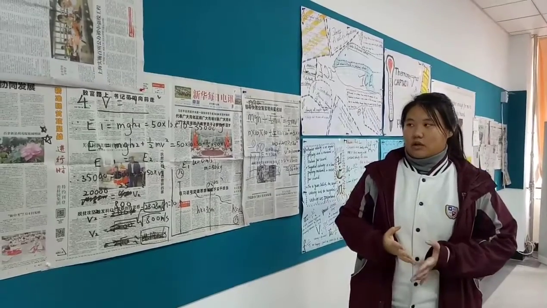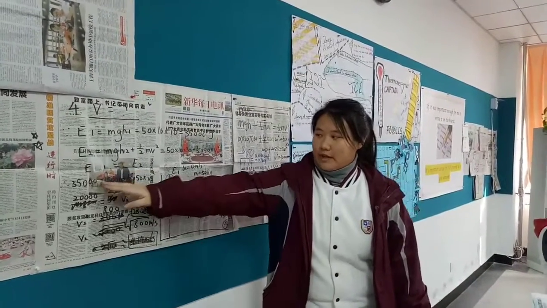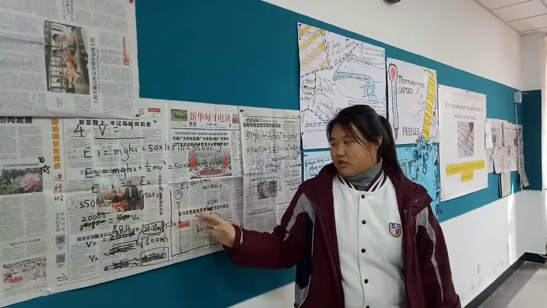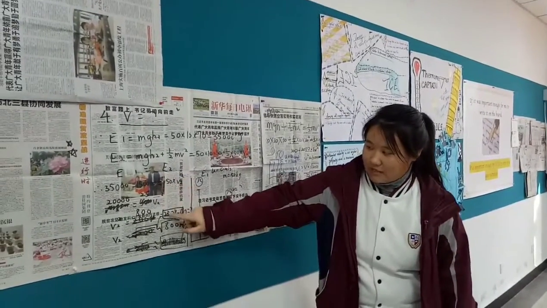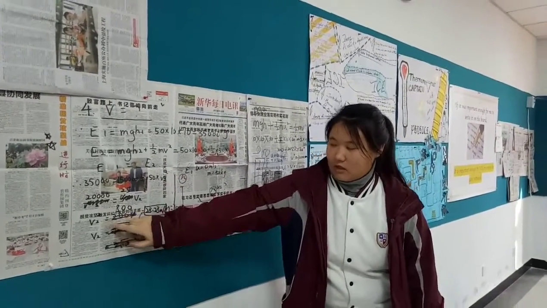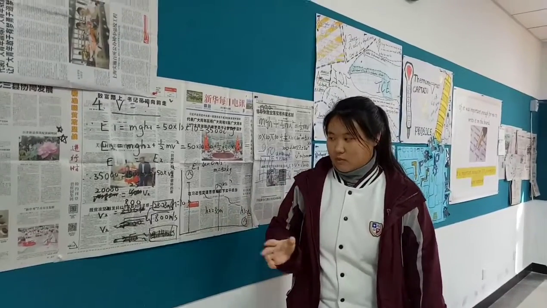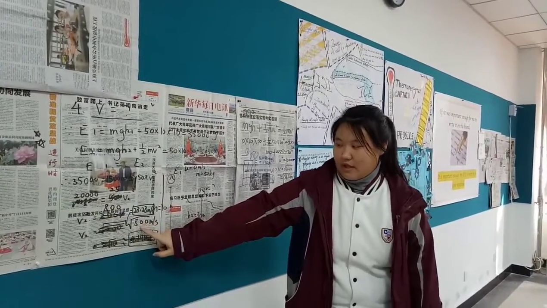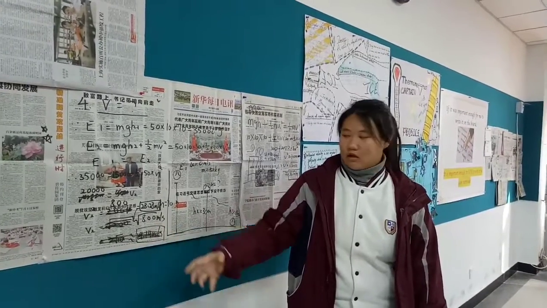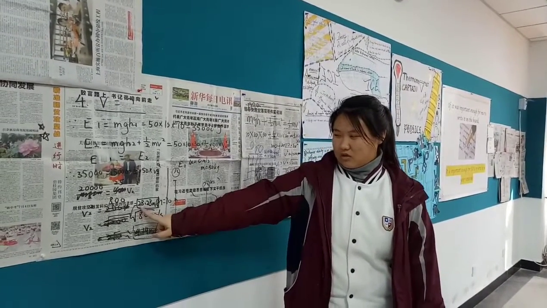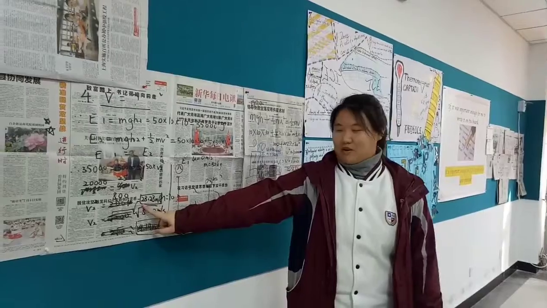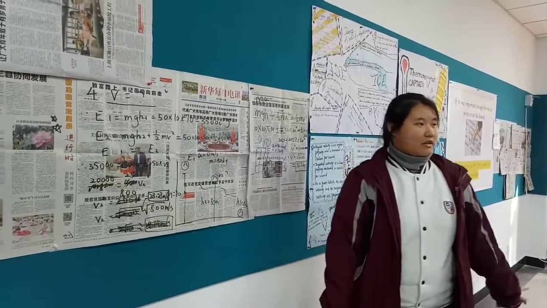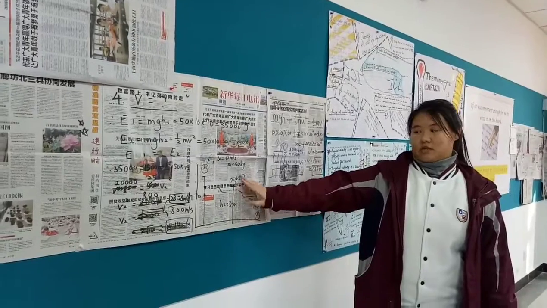According to E1 equals E2, 35,000 joules equals the equation in position 2. Step by step, we get the velocity in position 2, equal to the square root of 800 meters per second, and we get 28.28 meters per second for the velocity in position 2.